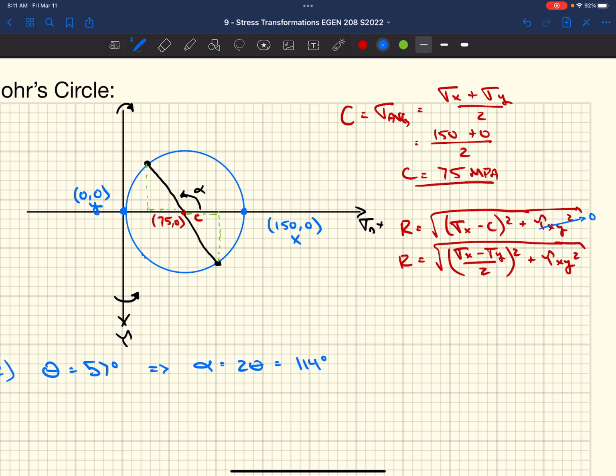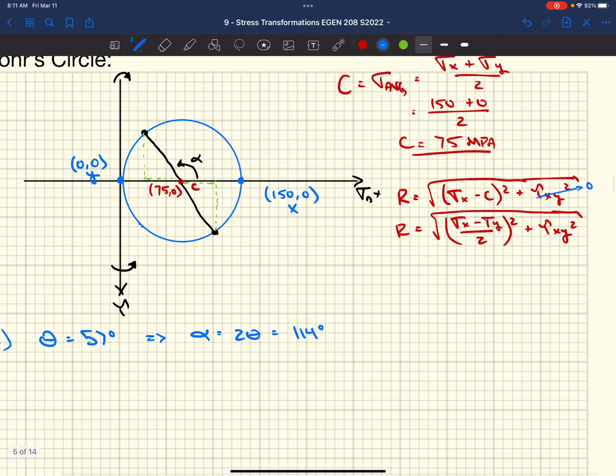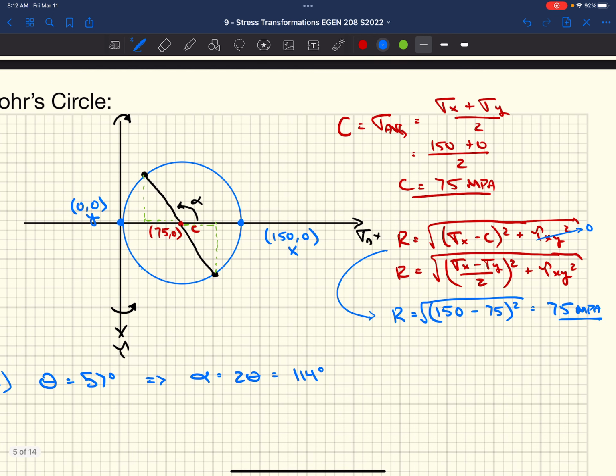And so when we go to calculate our radius, it just becomes our sigma x, that was 150, minus the center, which we calculated as 75.